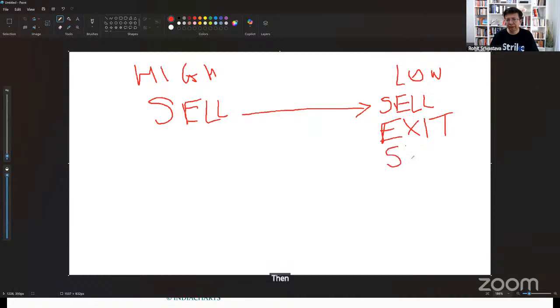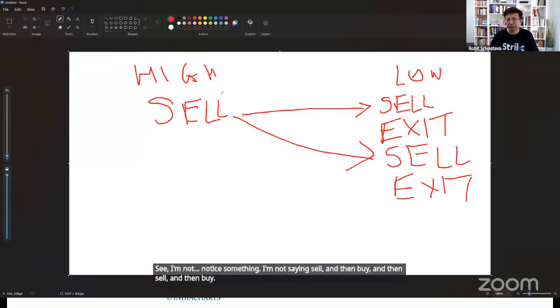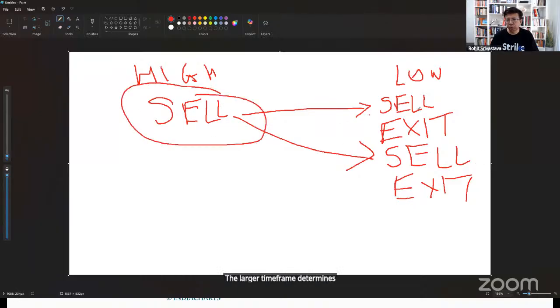Then again, when I get another sell signal from the RMI, I sell. As long as this is still in sell mode, I sell again, I exit again. See, notice something. I'm not saying sell and then buy and then sell and then buy. The larger time frame determines that I'm going to do sell, exit, sell, exit, sell, exit.